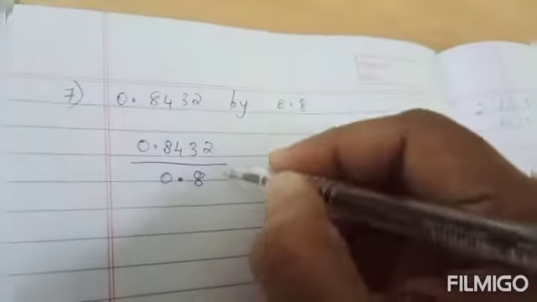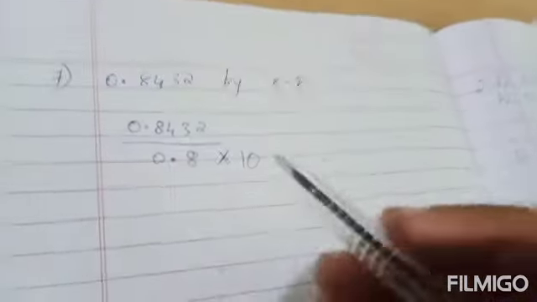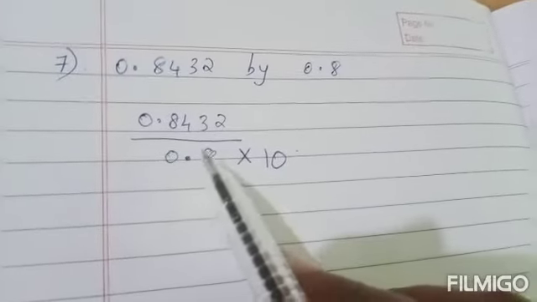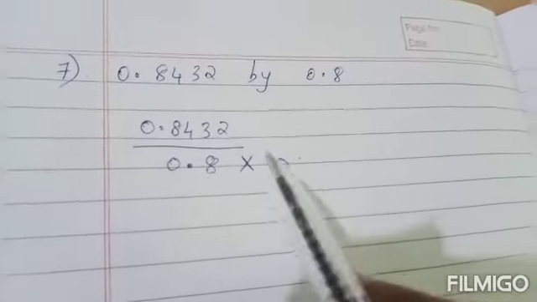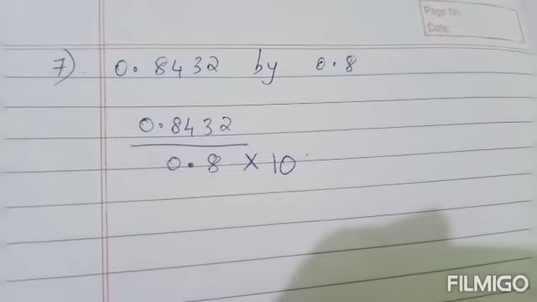So you can multiply this by 10. If one digit is coming after the decimal point, multiply by 10. If two digits are coming, multiply by 100.